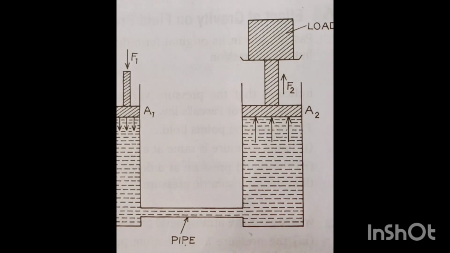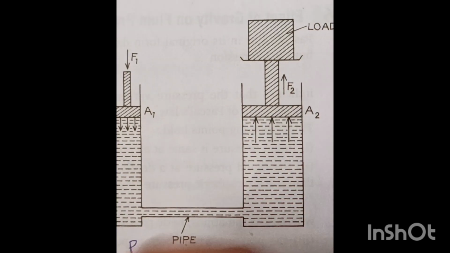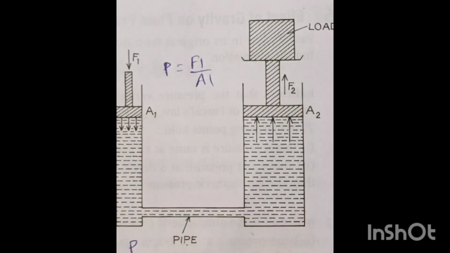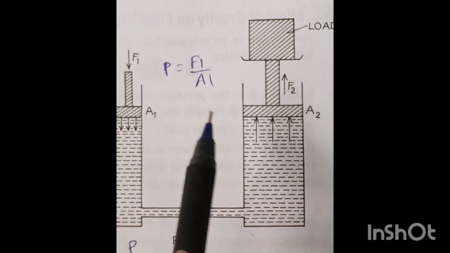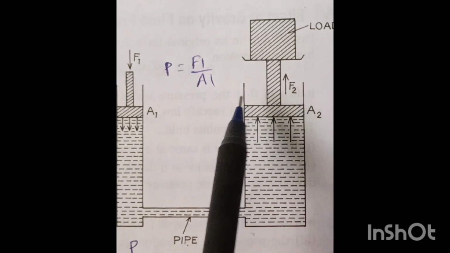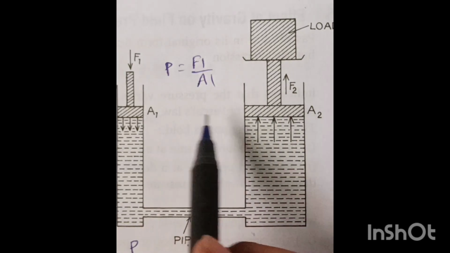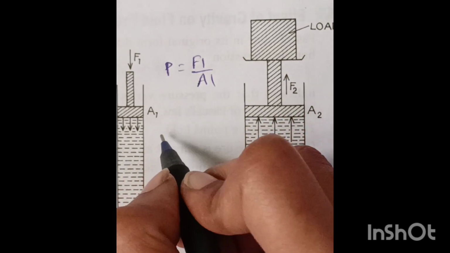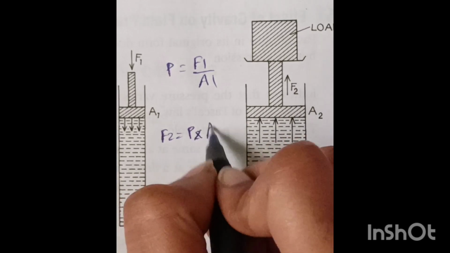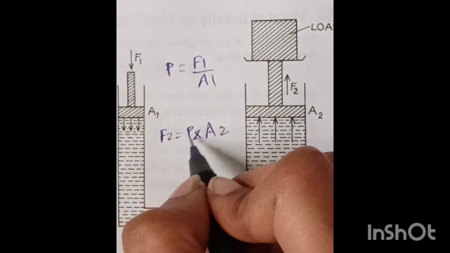so that pressure P equals F1 by A1. This pressure will be transmitted to the other piston of larger cross-sectional area A2. Therefore, the upward force F2 exerted on the larger piston is given by F2 equals P into A2. So what is the value of P?